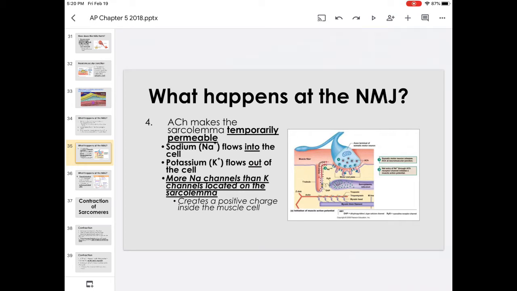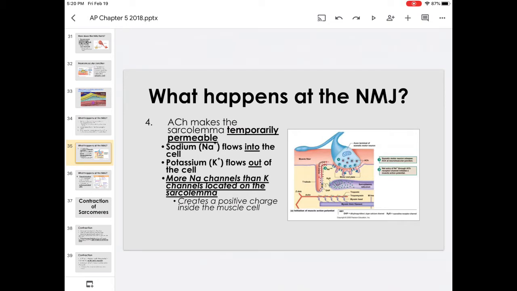What happens exactly is that when the acetylcholine is released into the synaptic cleft and attaches to the receptors of the muscle cells, it causes a reaction in the sarcolemma by making it really permeable, just temporarily though. Remember, the sarcolemma, as we said in 5.1, is like the outer covering for the muscle fiber.